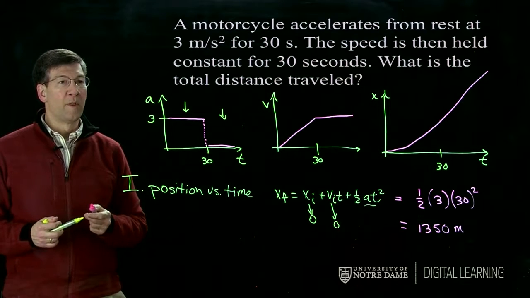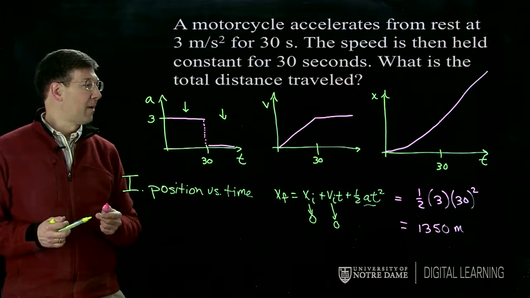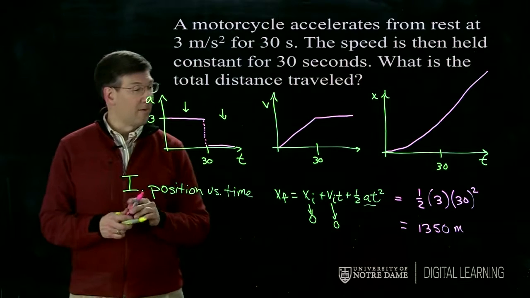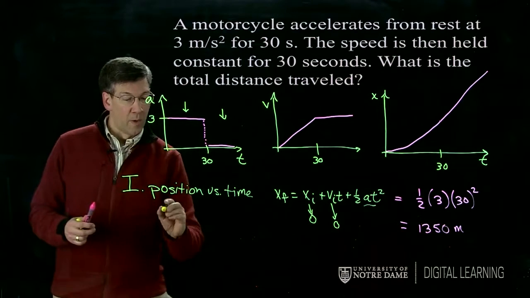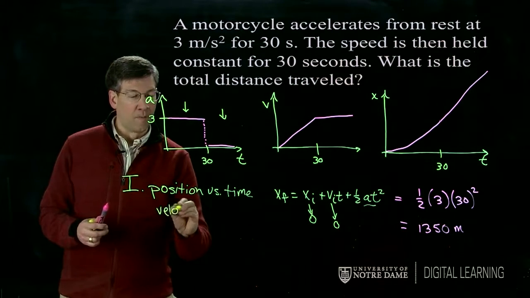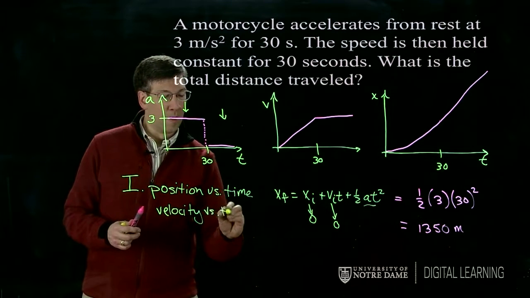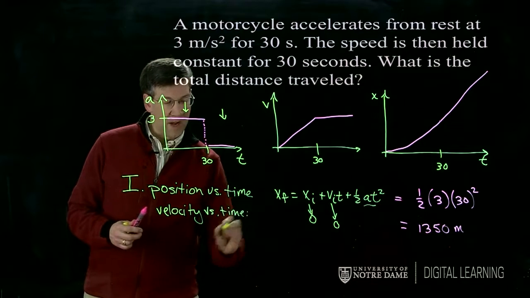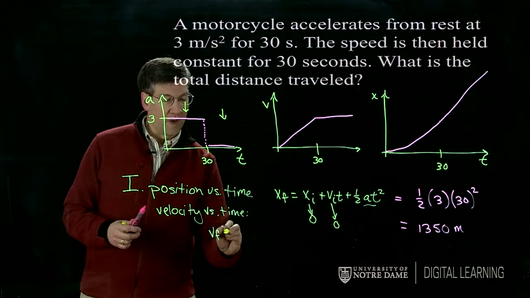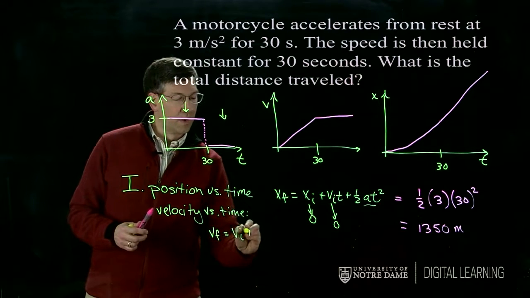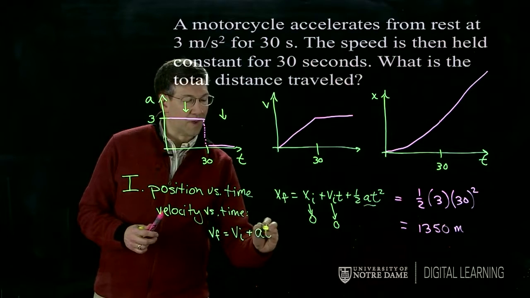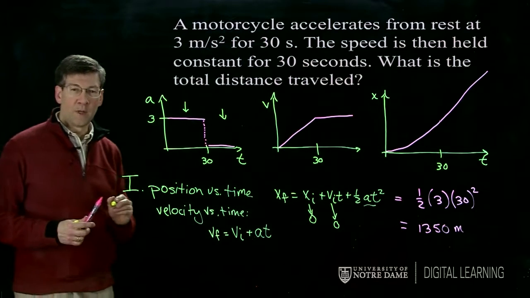One of the things that we can do as well is we can figure out the final velocity after that initial segment. We know that the velocity versus time is also given by one of the equations that we derived. And we know that velocity final is equal to velocity initial plus acceleration times time. That was another one of the equations.